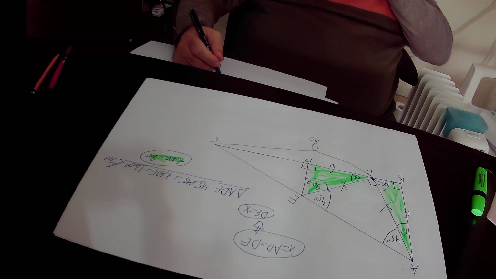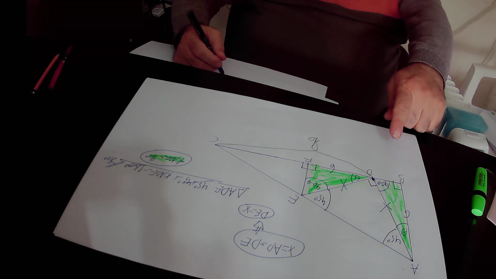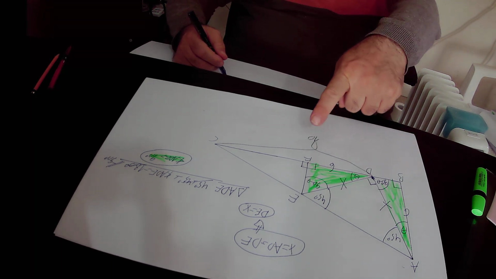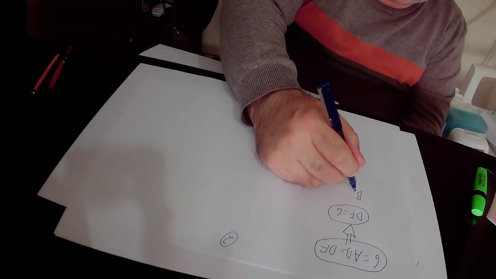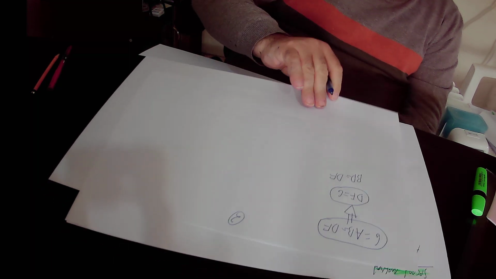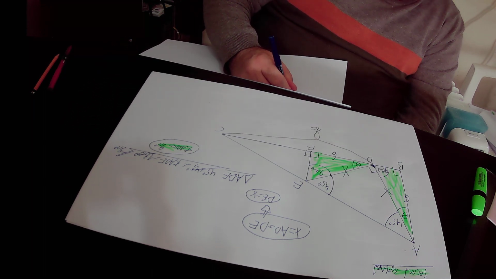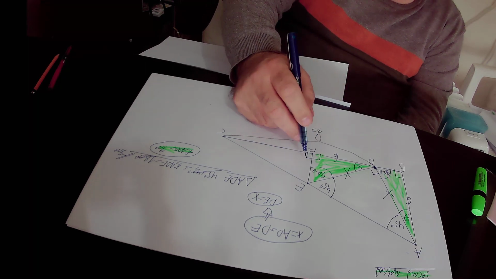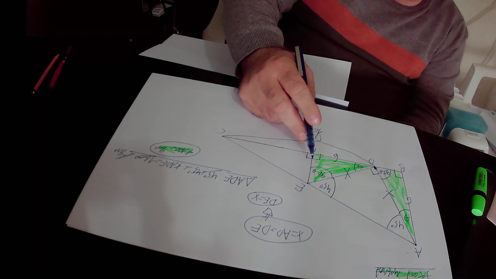And likewise, we will conclude for the same reason that side BD equals side EF. Side BD equals side EF, according to the rule that corresponding sides in congruent triangles are equal to each other.